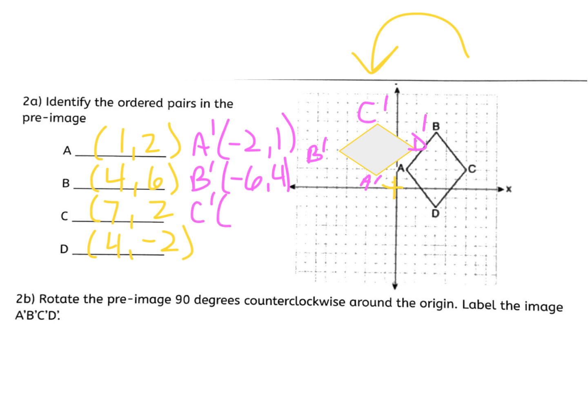And then C prime would be at -2, 7, and then D prime was 2 and 4. Okay, so check your points and your accuracy.